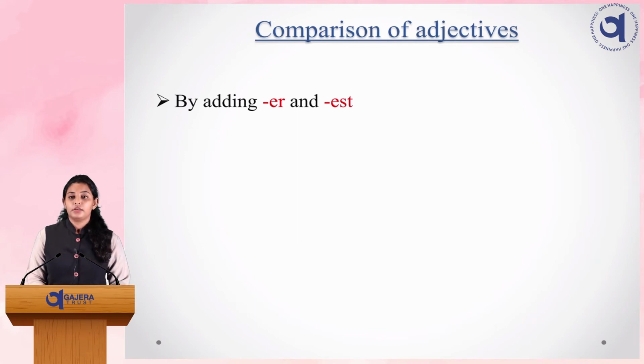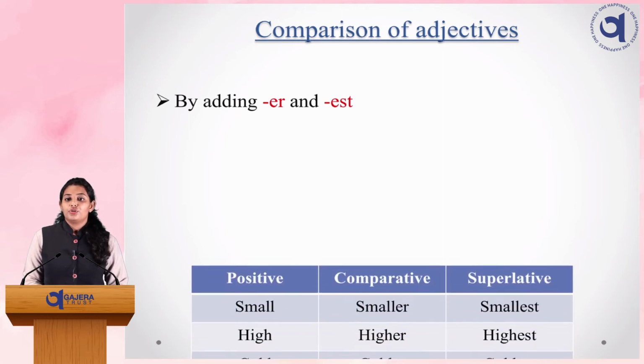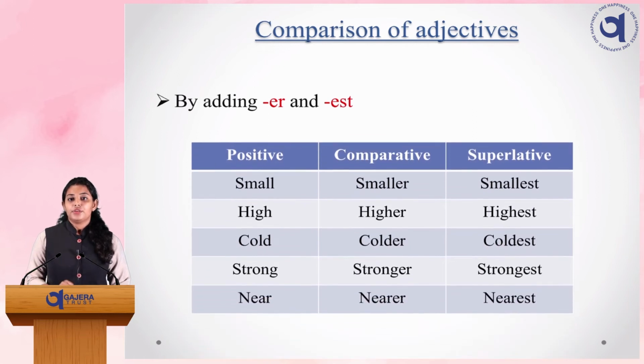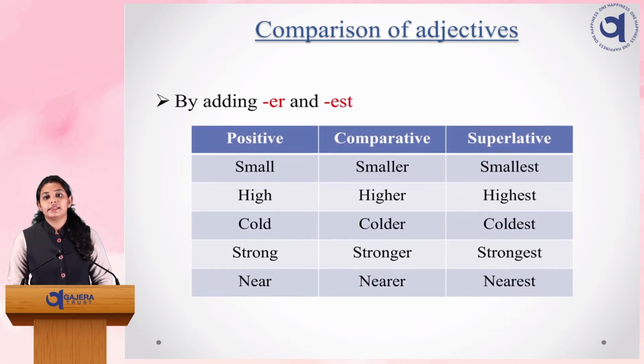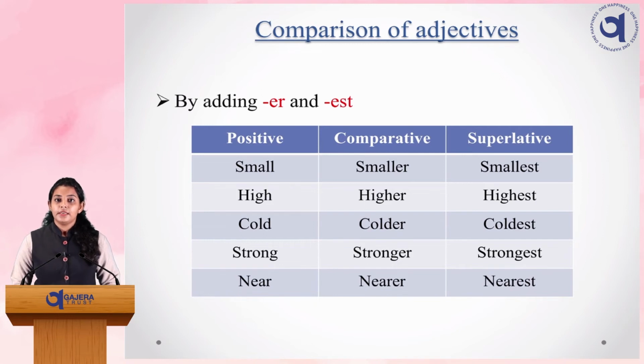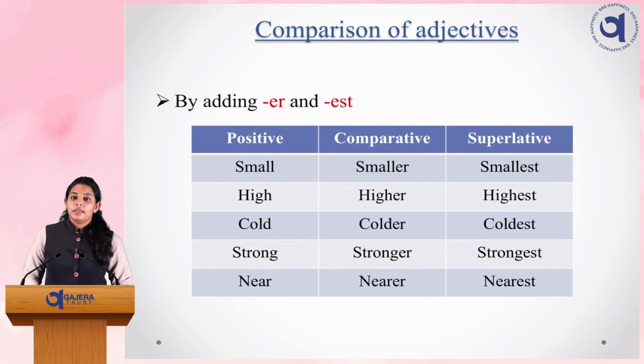Okay, now here there are some rules of comparison of adjectives. So this is the first rule and that is by adding er and est. So here comes our table. You can see, students, that here there is a table of comparison of adjectives by using er and est. Okay, so you can see the first column is of positive adjectives, that is small. See the comparative form, smaller, and superlative form, smallest.